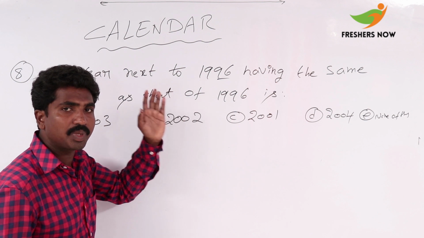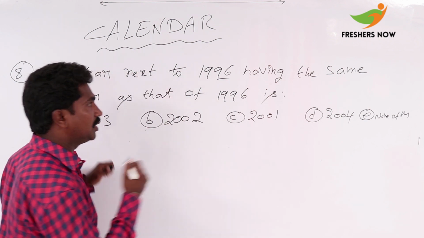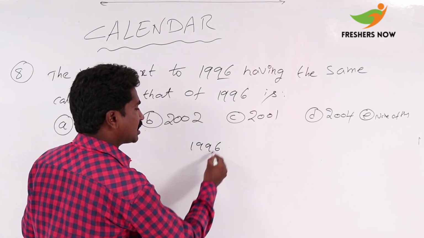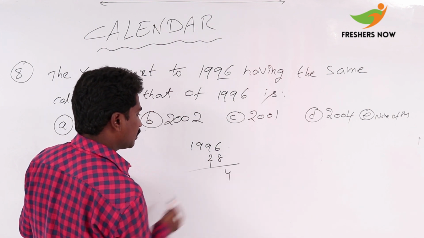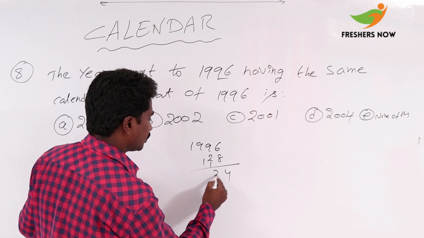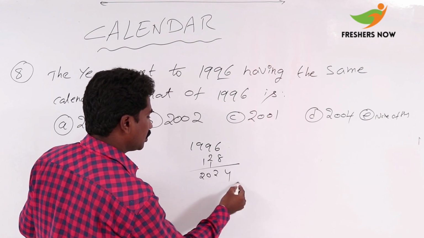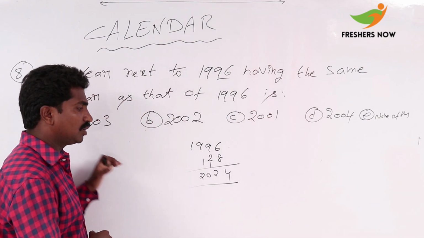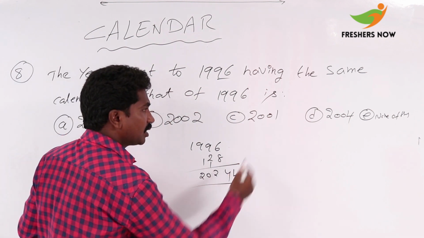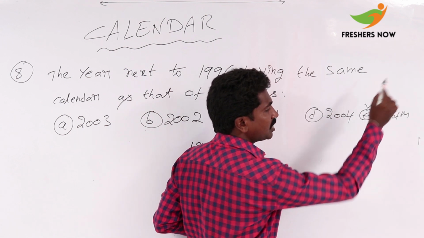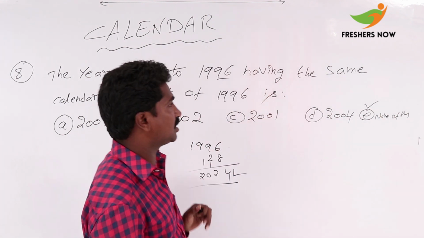The leap year calendar repeats every 28 years. So 1996 plus 28 is 2024. So the 1996 calendar repeats in 2024. Here the option is none of these.